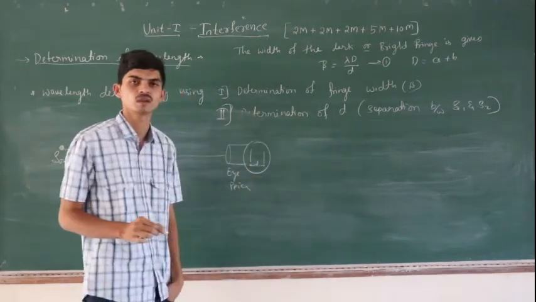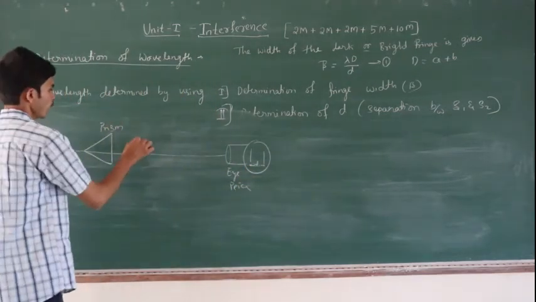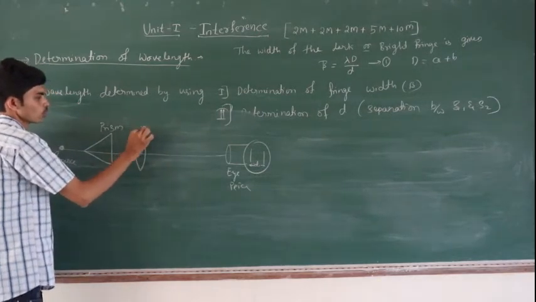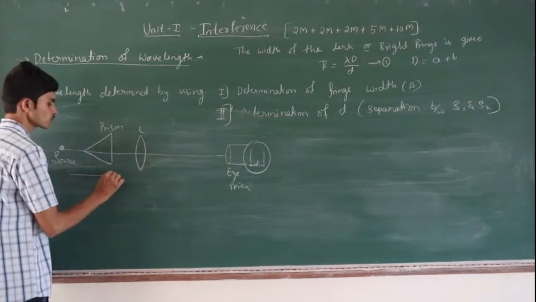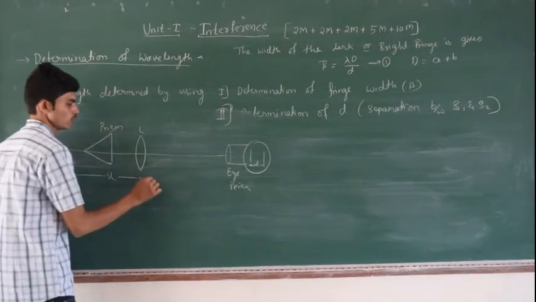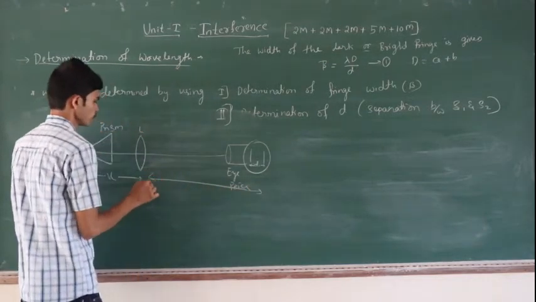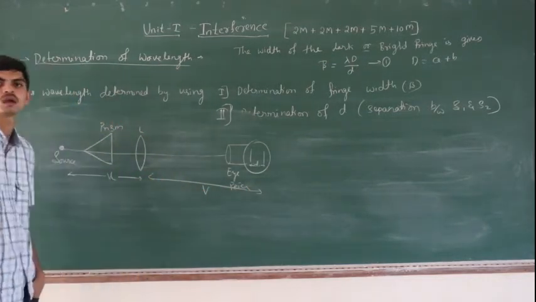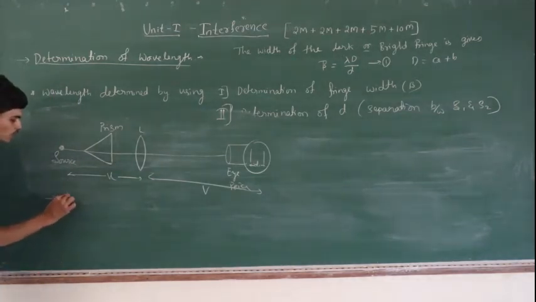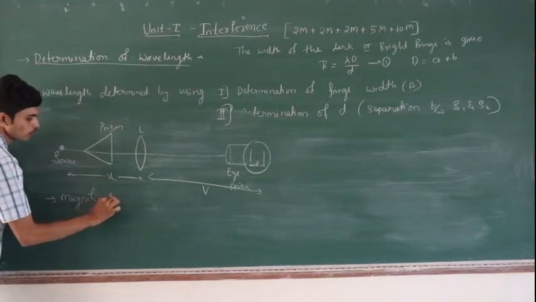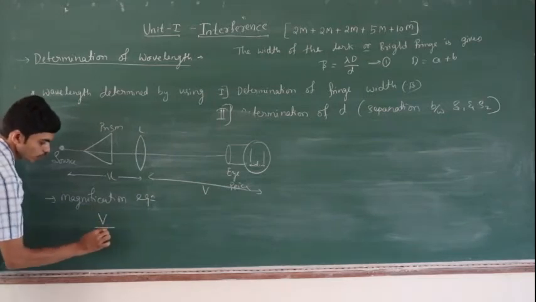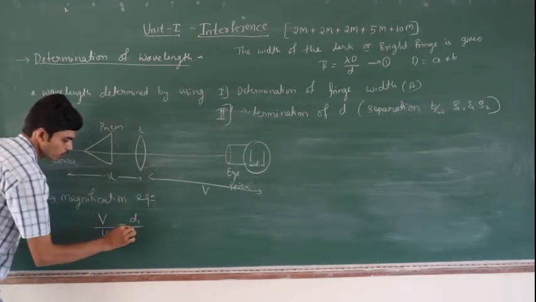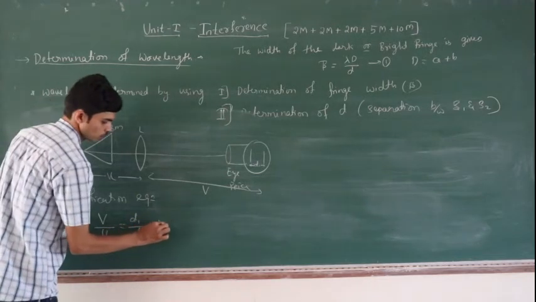This image distance is d1, and we put one convex lens. The distance between the source and the convex lens is considered u, and the image distance is v. Then the magnification equation is v divided by u is equal to d1 divided by d. It is equation number 3.